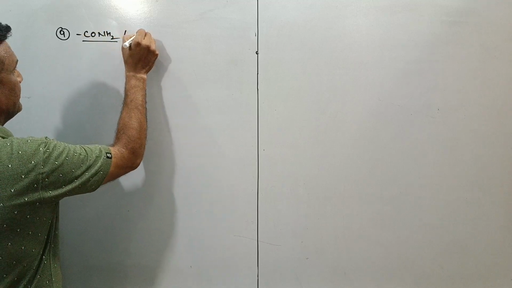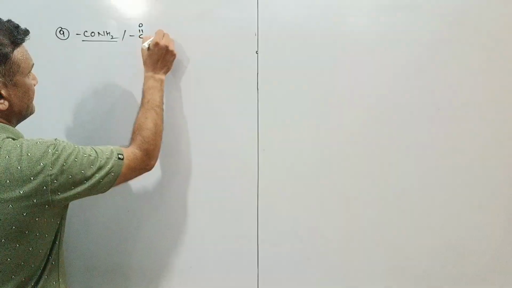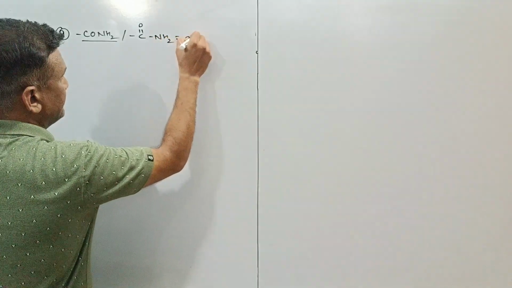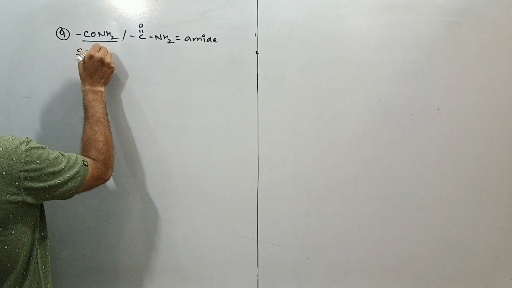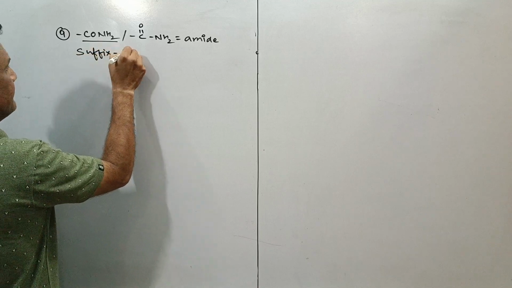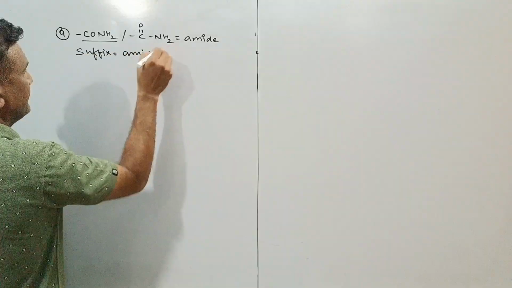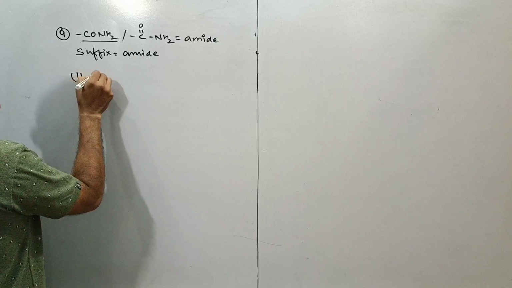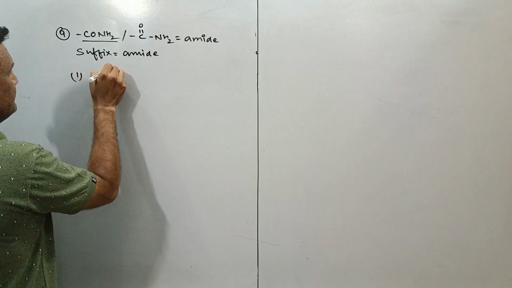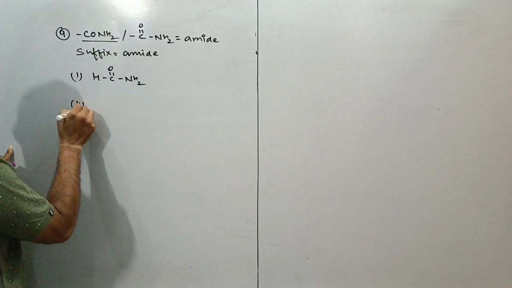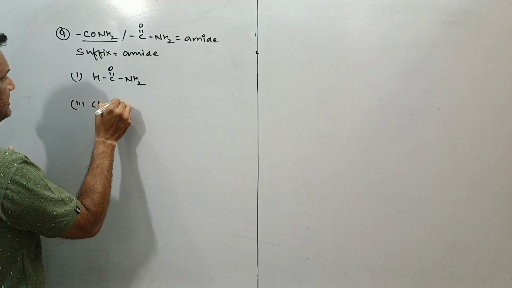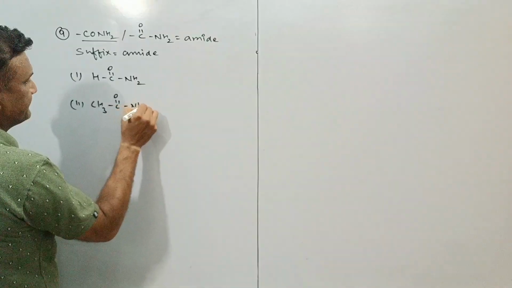You can represent it as follows: CONH2. This is the amide, and the suffix will again be amide. The compounds are as follows: CONH2 is the first. This is the second compound, CH3CONH2.